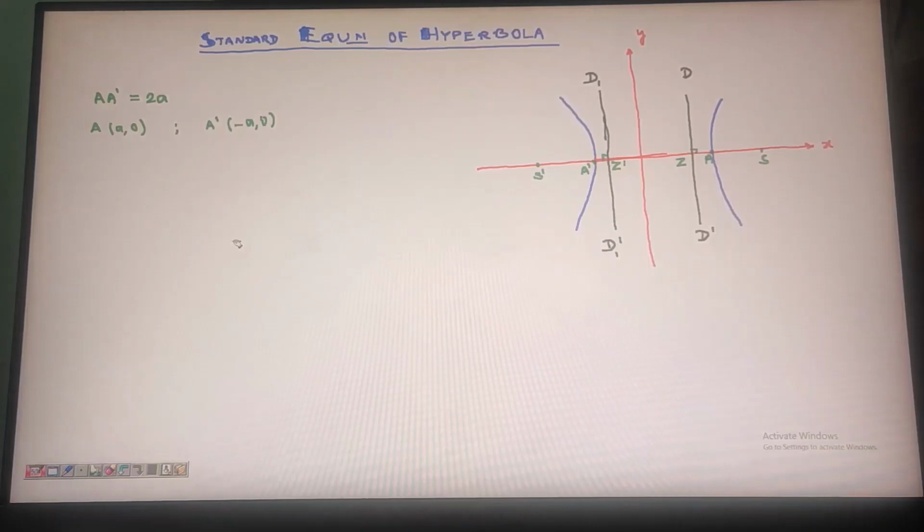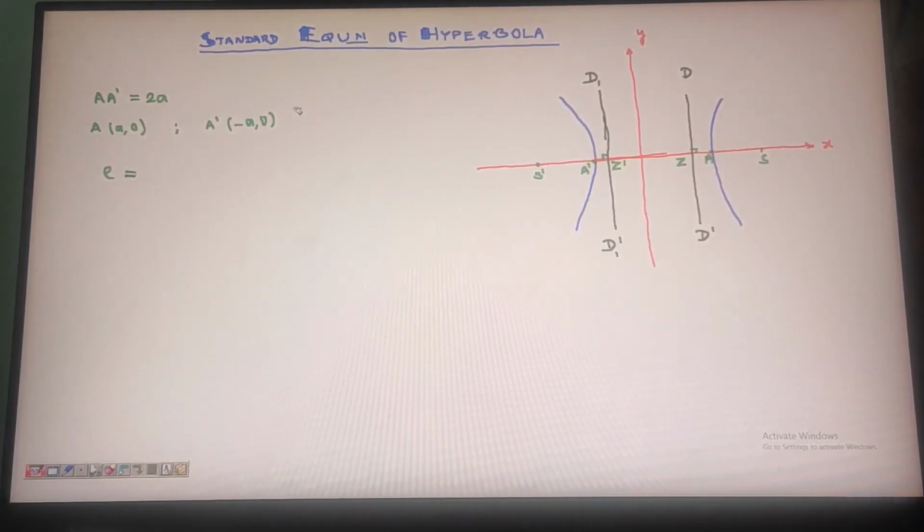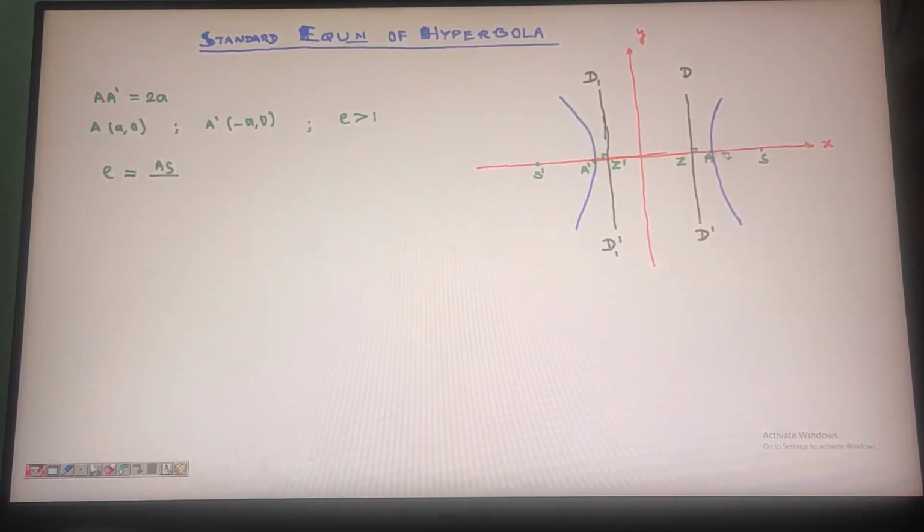Now eccentricity is greater than 1 in the case of a hyperbola, right? Eccentricity is greater than 1. Okay, so eccentricity is nothing but this: you take any point on the conic section and take the distance of that point from the focus, that is AS, and the distance of the same point from the directrix, that is AZ, because AZ is perpendicular to dd dash.